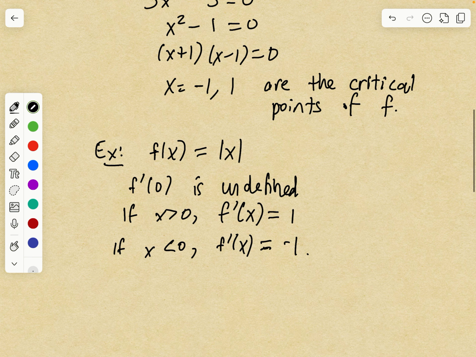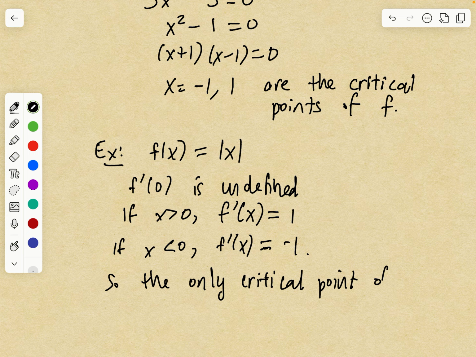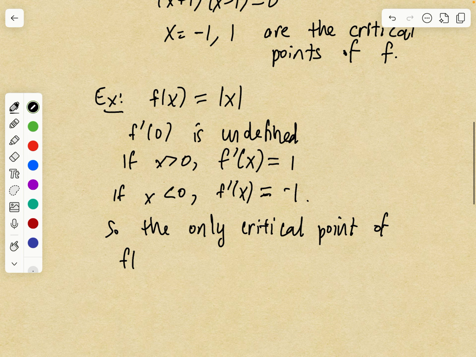Notice that 0 is in the domain of f, so the only critical point of this function is x equals 0.